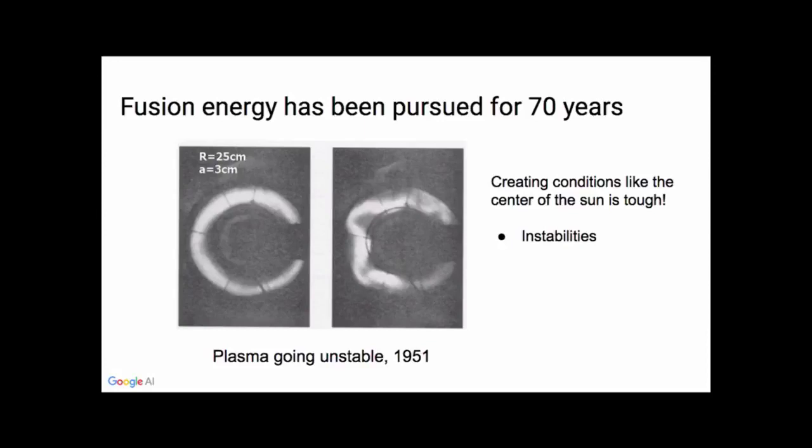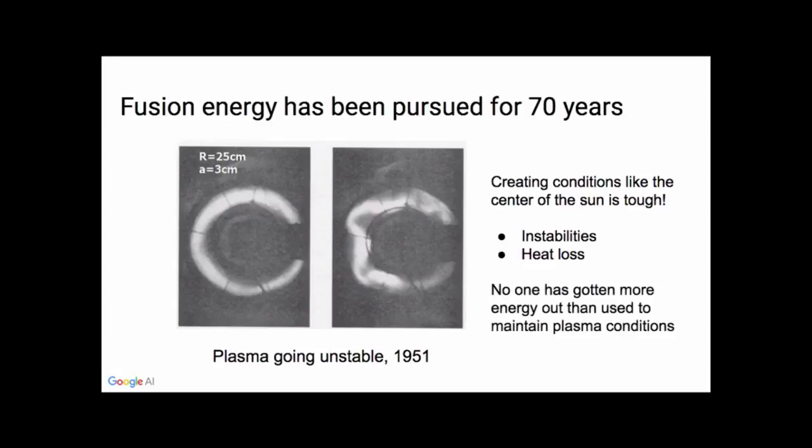It's very difficult to make a stable shape of plasma. Another problem is heat loss. Remember, we're trying to make objects with tens of millions of degrees temperature, and it's very easy for the heat to just leak away and the system to cool off. So despite literally decades of research, no one has ever gotten more energy out of a plasma than was used to maintain the plasma condition.